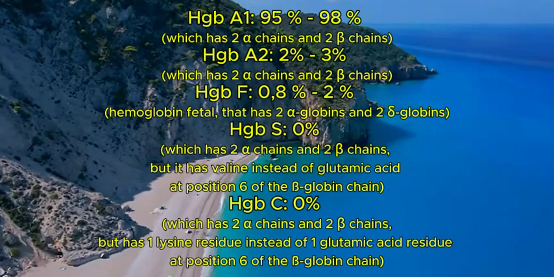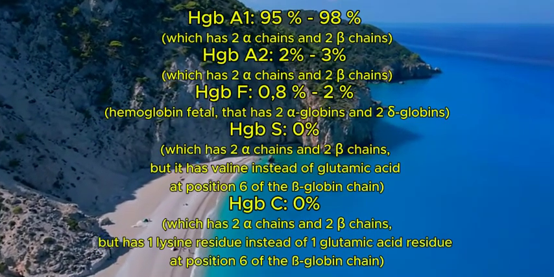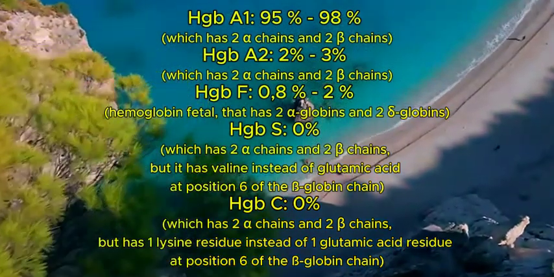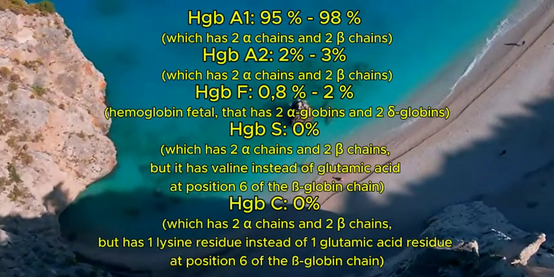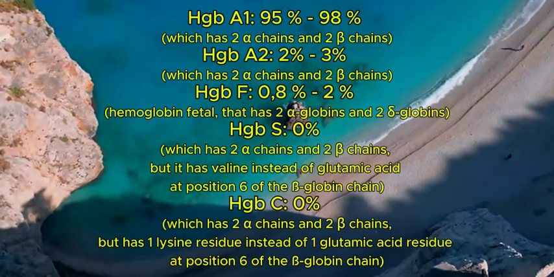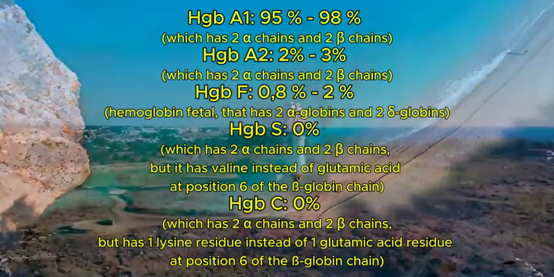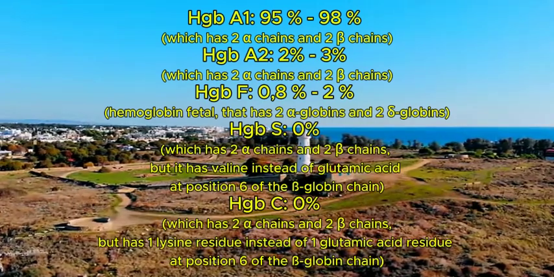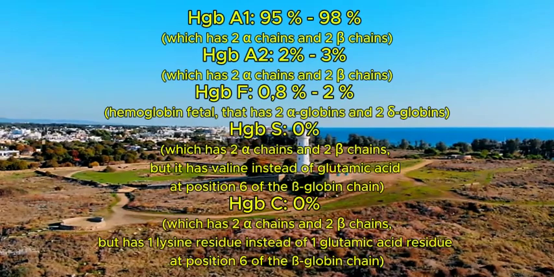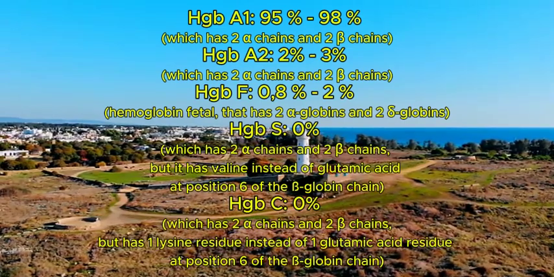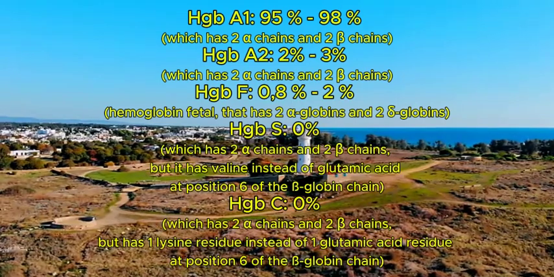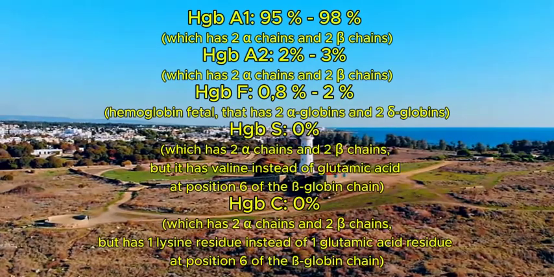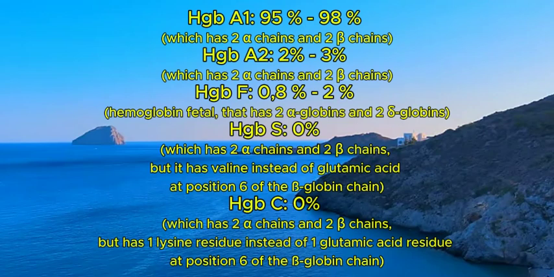Hemoglobin S is a variant of hemoglobin resulting from an alteration of the structure of beta globin. Of the 4 polypeptide chains that form hemoglobin, 2 alpha and 2 beta, the alpha are identical to the normal hemoglobin. Hemoglobin A is the normal, but there is an alteration in the beta chains. These have an amino acid valine in the place normally occupied by a glutamic acid in position 6.